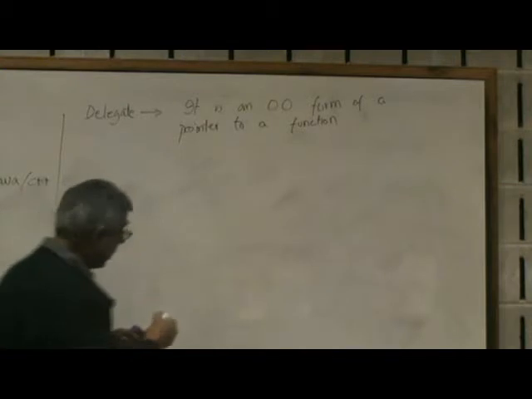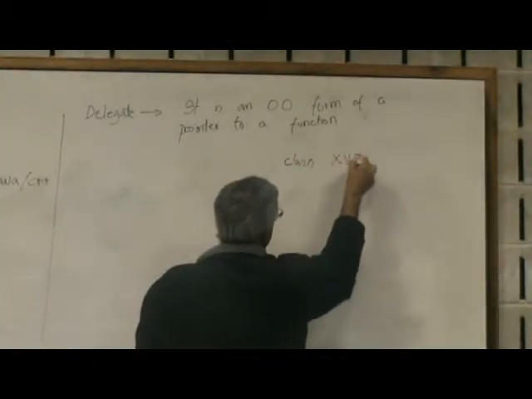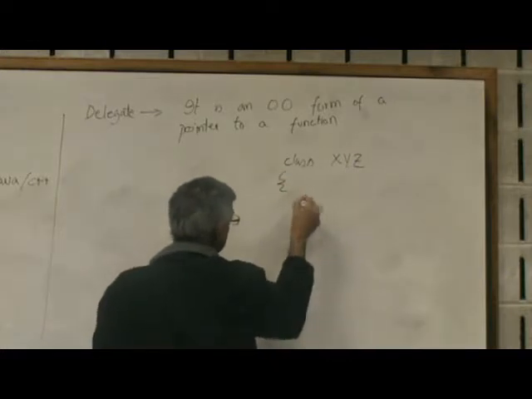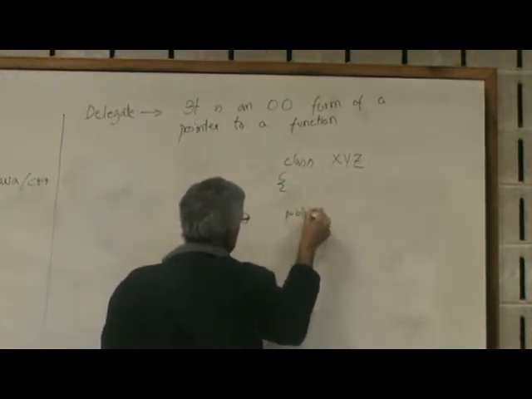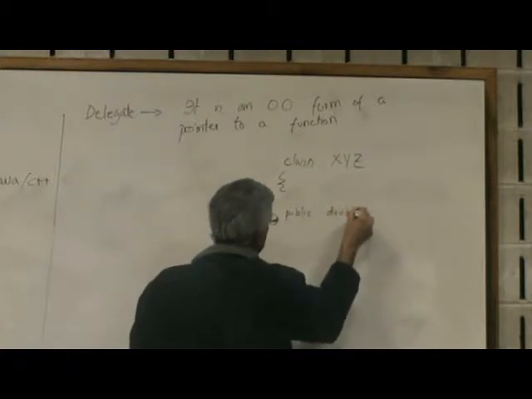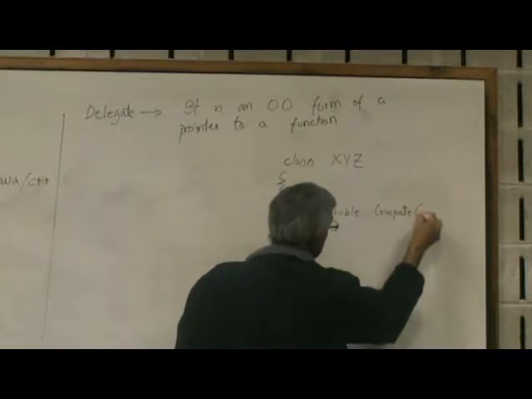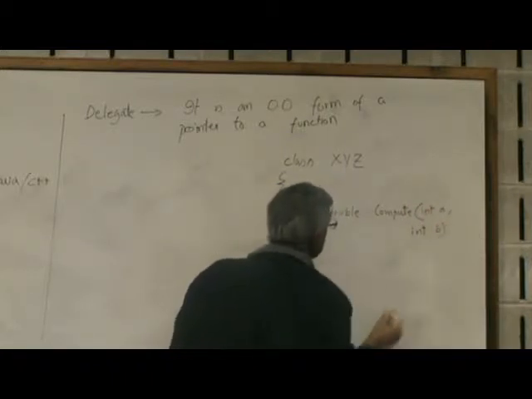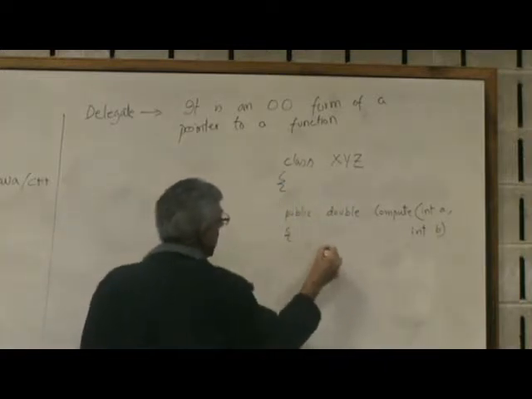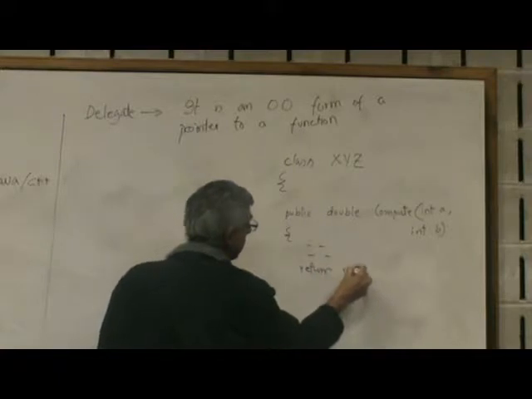So to give you a simple example, suppose you created a class called XYZ, and suppose you put something public double, let's say compute int A, int B. Okay, and you did some computation, you returned some result.